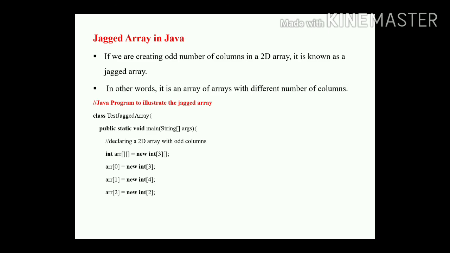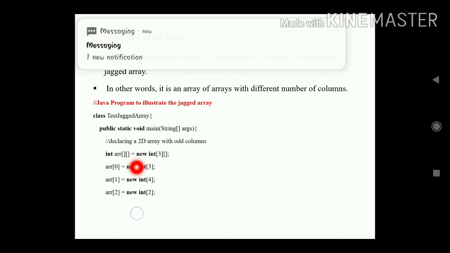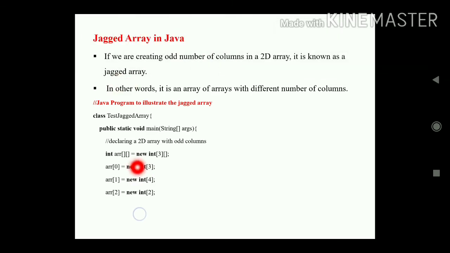The example for the jagged array is: first we declare a class, test jagged array. Main method for this is public static void main, string args. Declared array elements: int array of double brackets equal to new int of 3, brackets, array of 0 1 2, the values are 3 4 2.